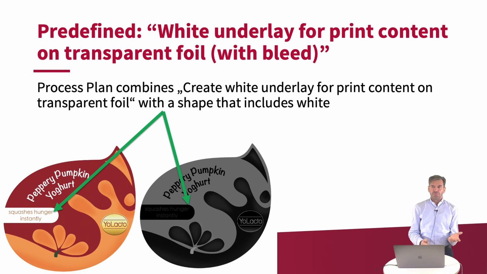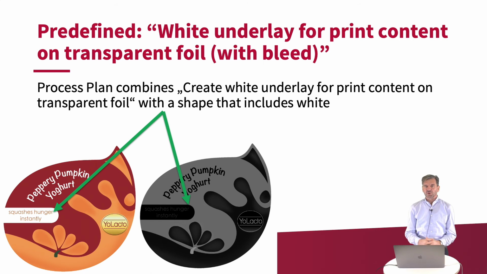And as you maybe know, there is a shape feature in pdfToolbox that can do that. In the shapes feature, you can say, give me a shape of all objects on the page, including white objects. There you can be specific about whether you want to include or exclude white objects. For this reason, there is not just a predefined fixup, there also is a predefined process plan in pdfToolbox 12, which says white underlay for print content on transparent foil, which does exactly so.